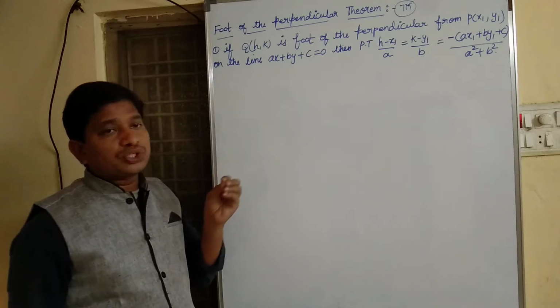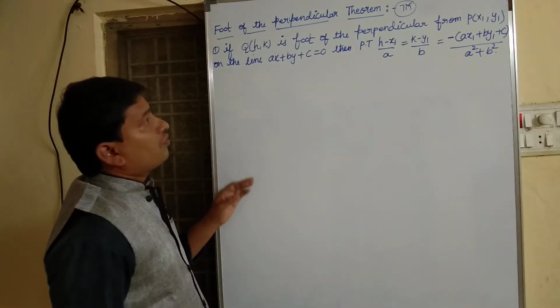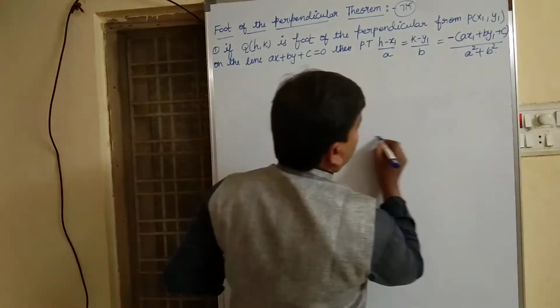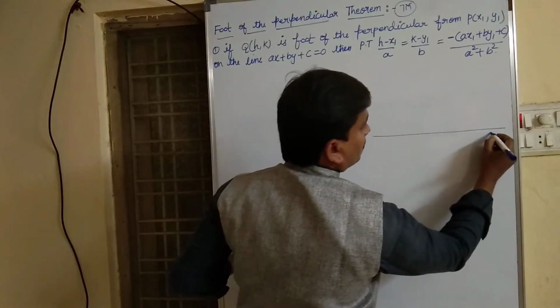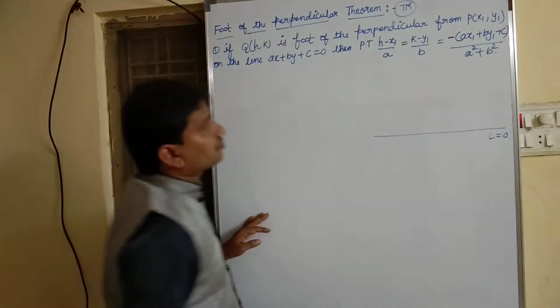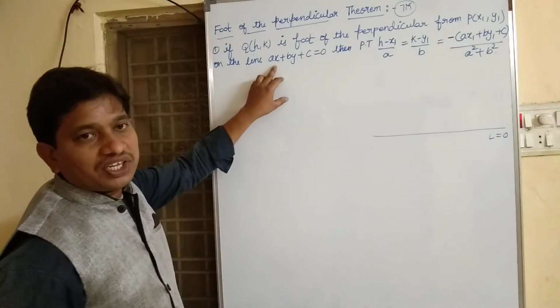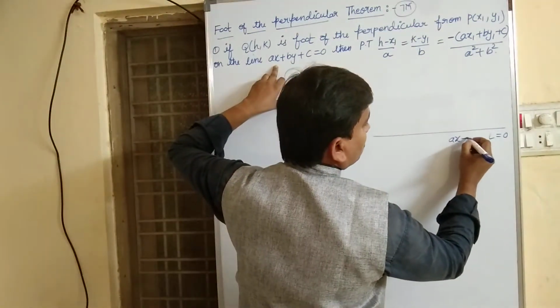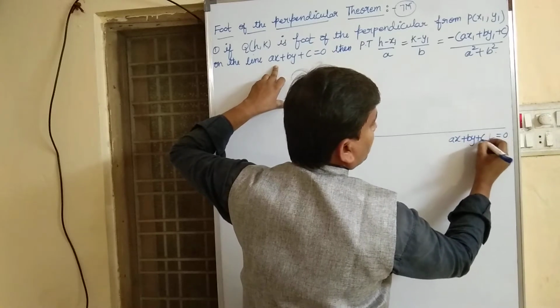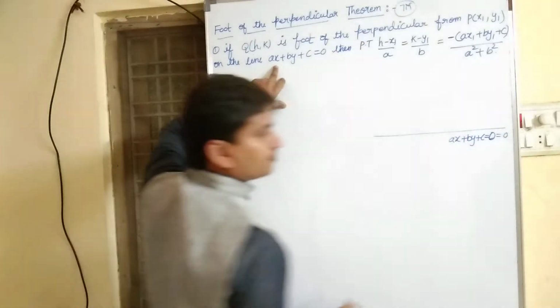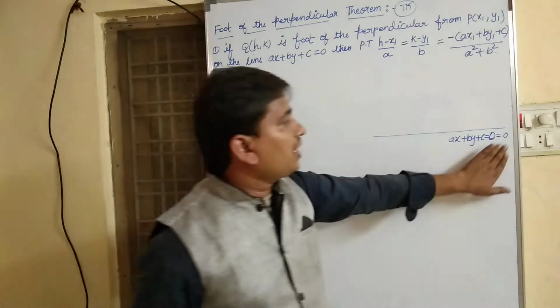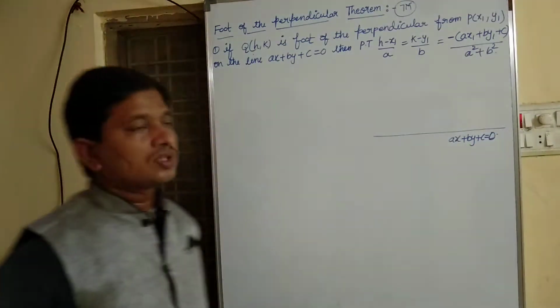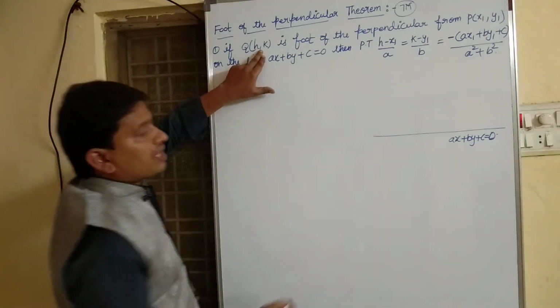Try to understand the question. What is the line? This is the line L equal to 0. What is the standard form of the straight line? That is ax plus by plus c is equal to 0. Q of h comma k.